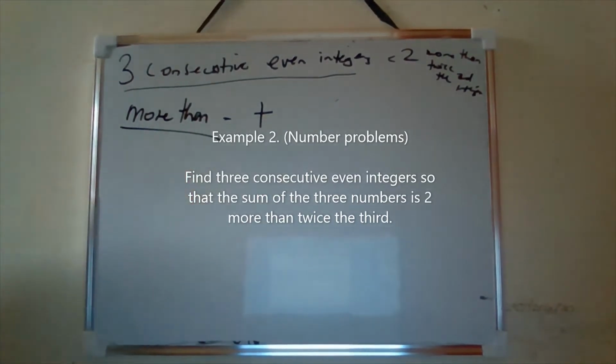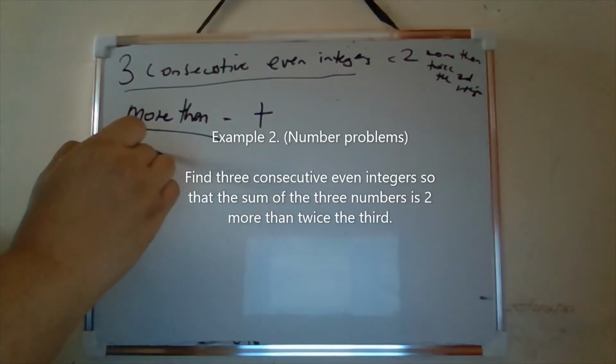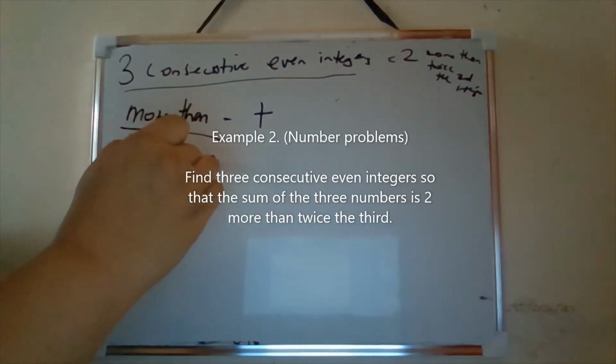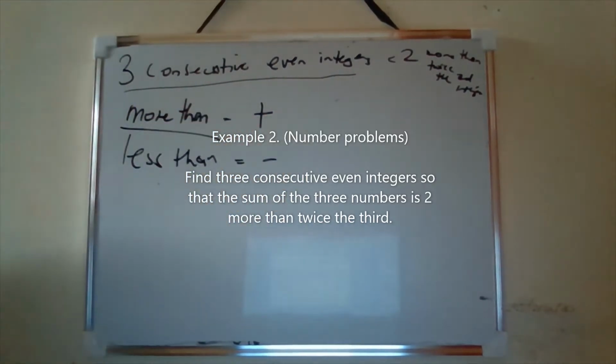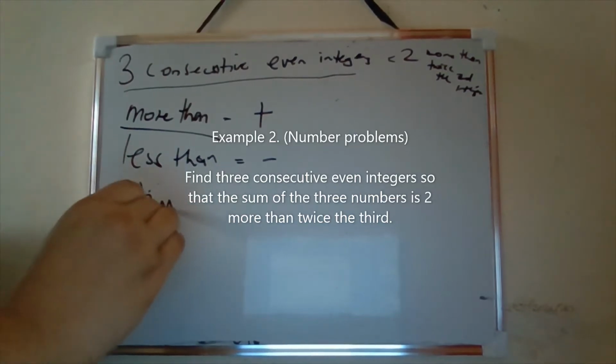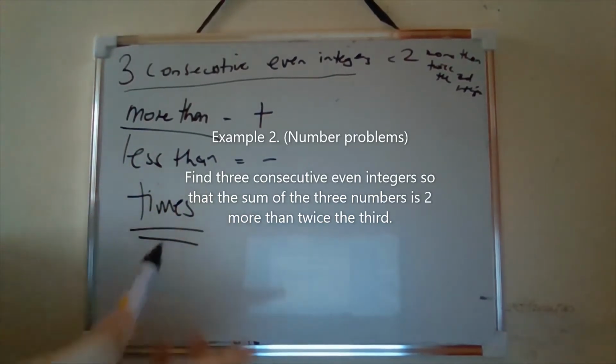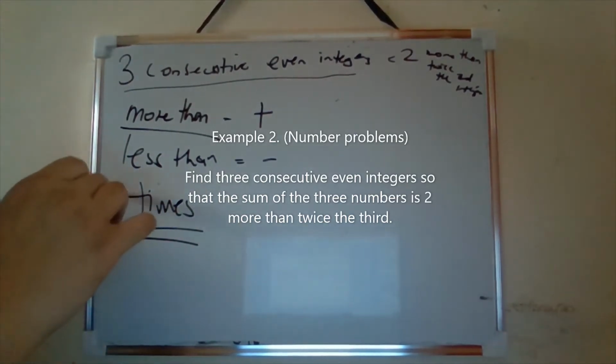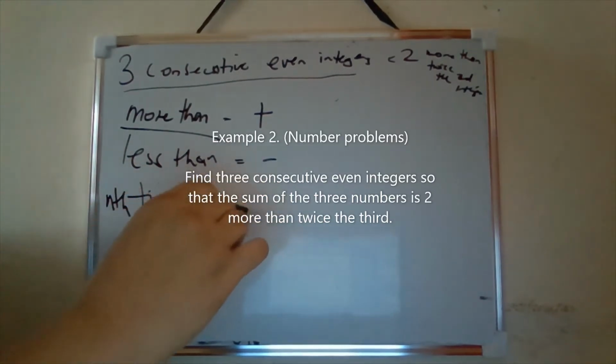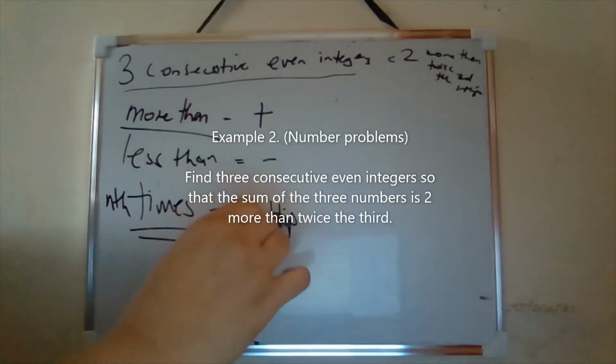Now, if we see "less than," then the operation we're going to use is subtraction. And if we see the term "twice as" or "thrice as," or n times, this one is multiplication.